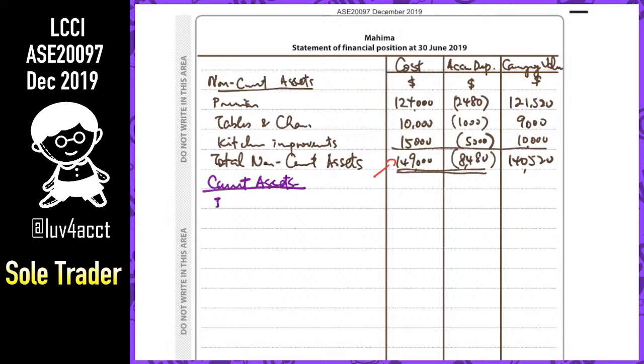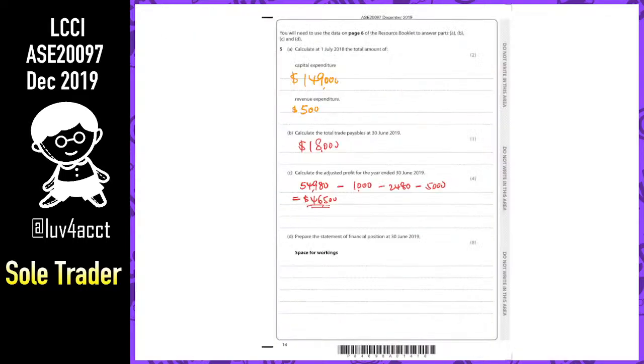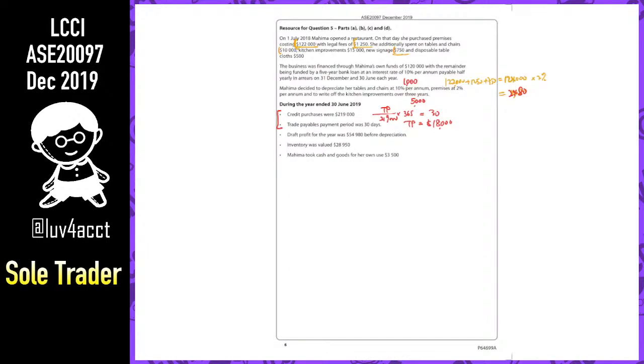Current assets, we have inventory. Do we have any trade receivables? I guess not. Okay, so next one, do we have cash and cash equivalent? We haven't even calculated. Oh my goodness.